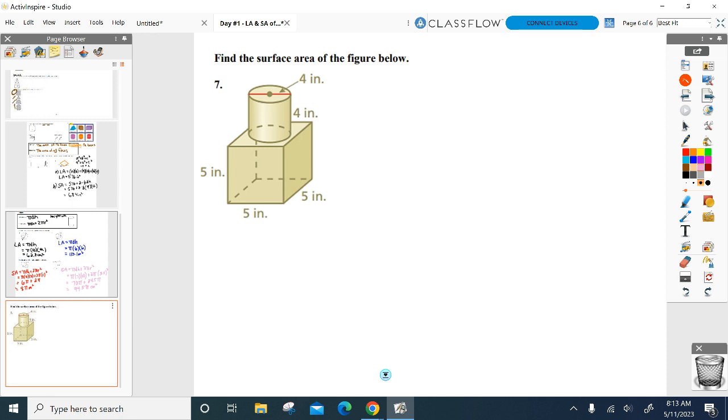Surface area, everything on the outside that is showing, aka that's not covered up. All right, everyone see what I'm talking about? So I'm going to do cylinder and cube, but I'm not going to do the full surface areas of both and just add them together because I got some stuff that's covered up. So let's do the cylinder first. And then I'll do the cube.